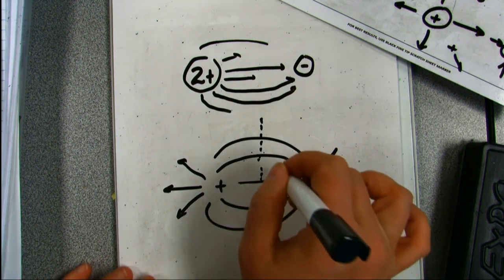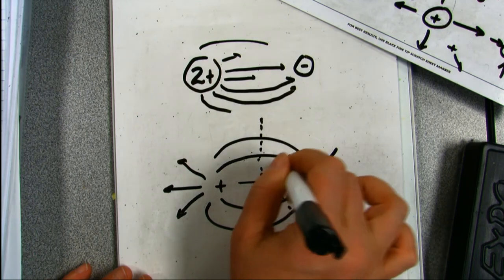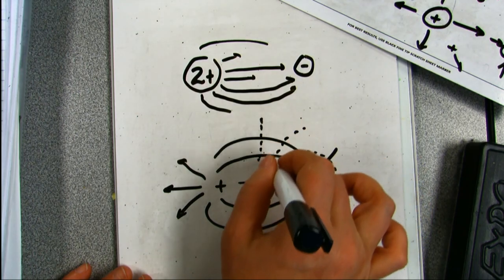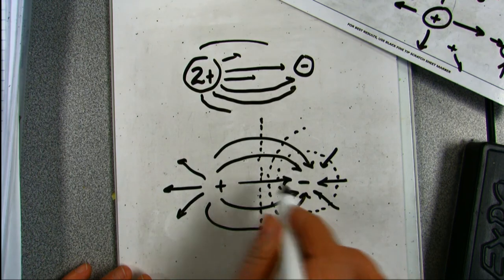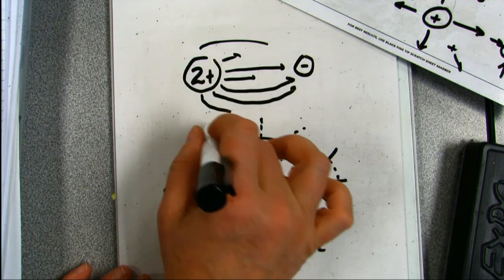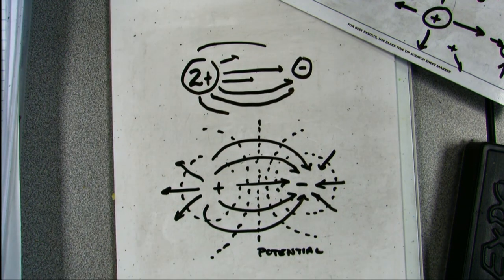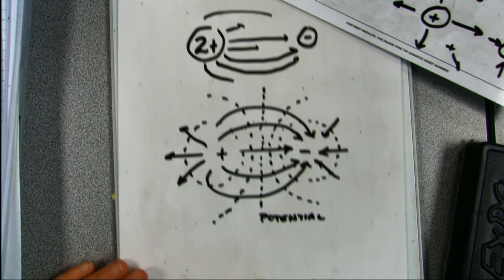And if I do that, my equal potential lines around a dipole are going to look sort of like this. So I infer my electric field lines by looking at the potential, because potential is something I can measure.